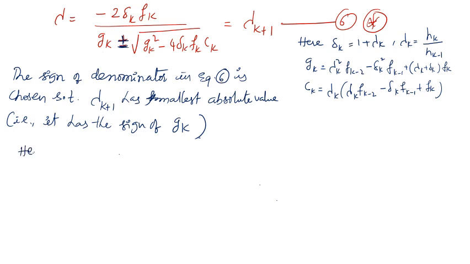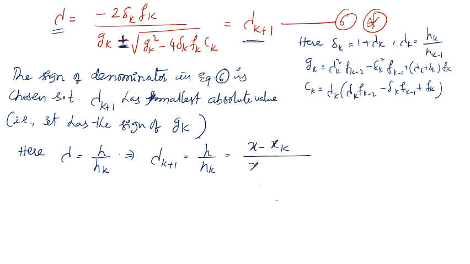Now, we already have lambda equal to h by hk. I have taken lambda k plus 1, so lambda k plus 1 equals h by hk. The assumption previously was h equals x minus xk, and hk equals xk minus xk minus 1.